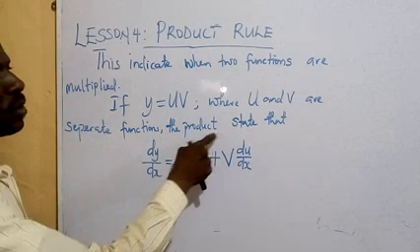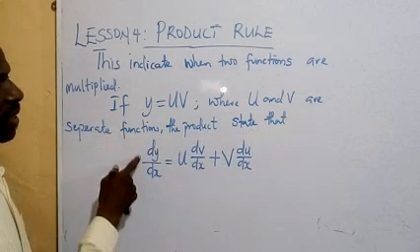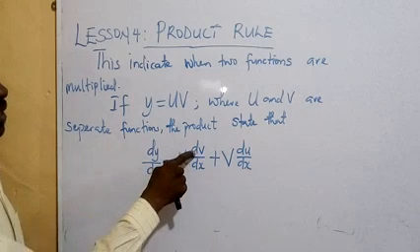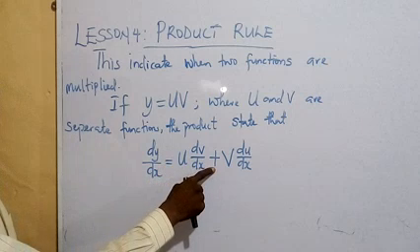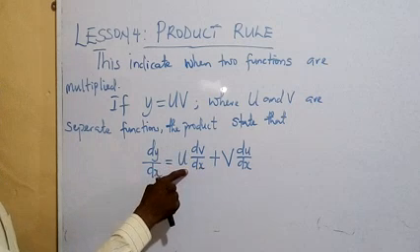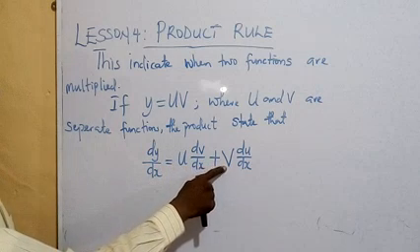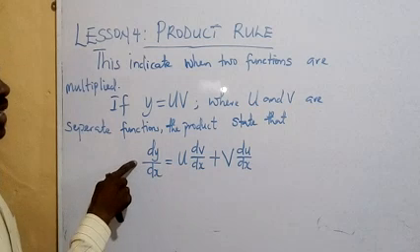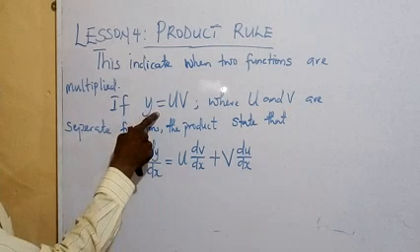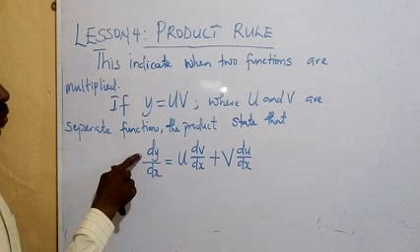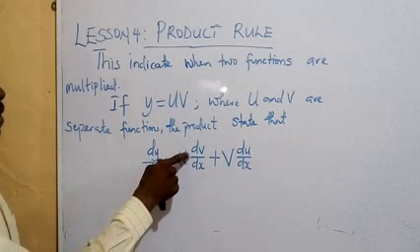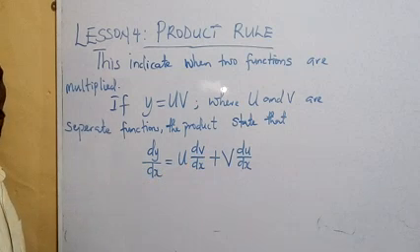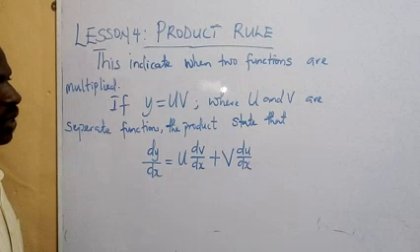So the product rule states that dy/dx equals u dv/dx plus v du/dx. Take note of this. The dy/dx of the function y equals uv equals u dv/dx plus v du/dx. Let's take a look at a few examples.